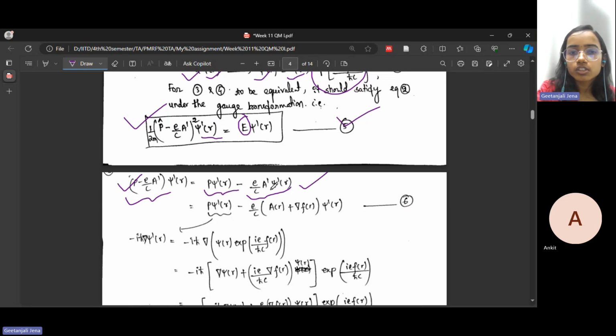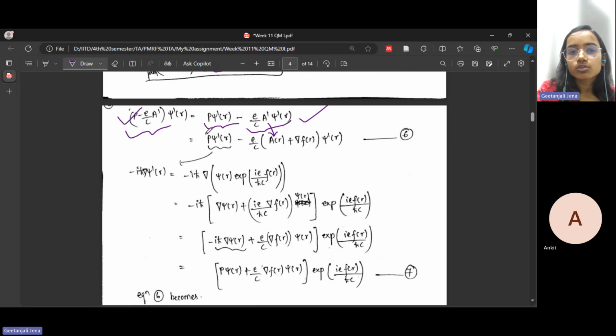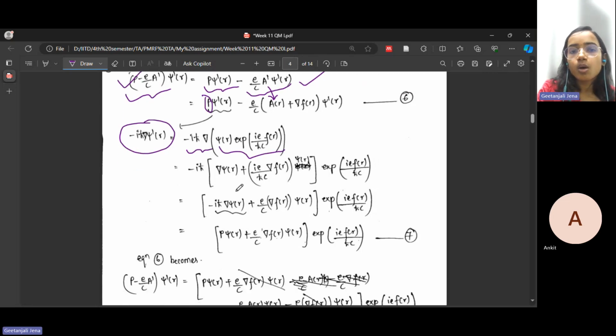Now you put the value of A prime here as A(r) plus delta f(r). Then you use the operator expression for p, which you know is minus i h cut delta, right? For the first term you put the operator expression for the momentum. Now you operate this gradient operator on this wave function psi prime of r.